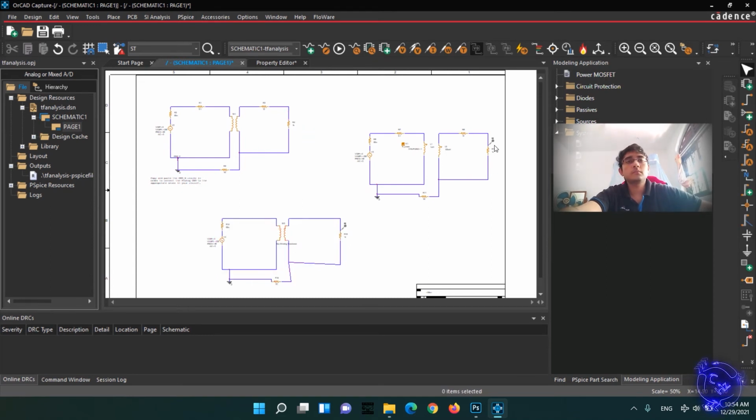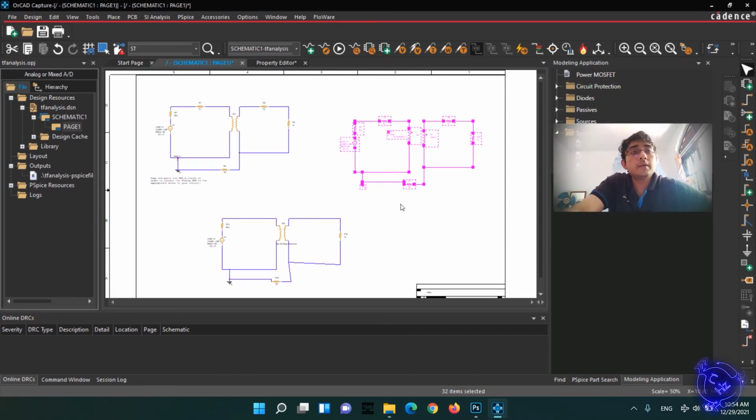Now let's see the refer to primary circuit or refer to secondary circuit. How to think about that?